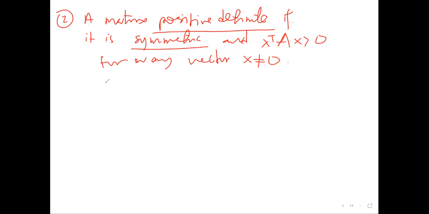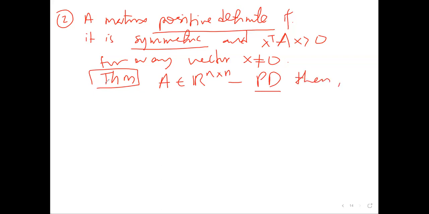Another important thing is that if you have A to be an n by n positive definite matrix, then a few things hold. One, A is non-singular. Two, the diagonal entries a_ii are all positive for i equal to 1 to n.